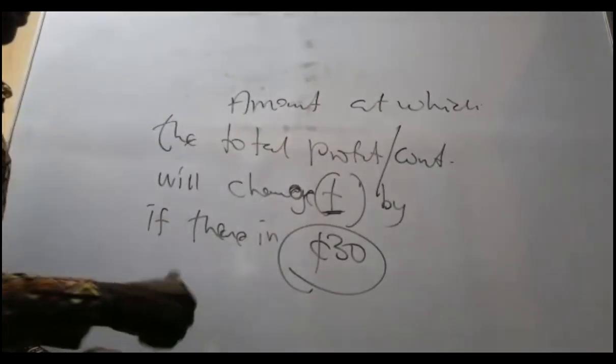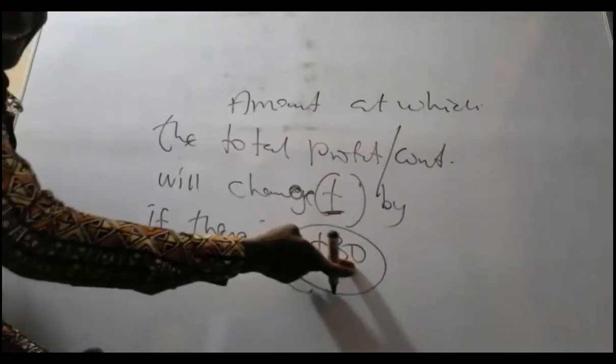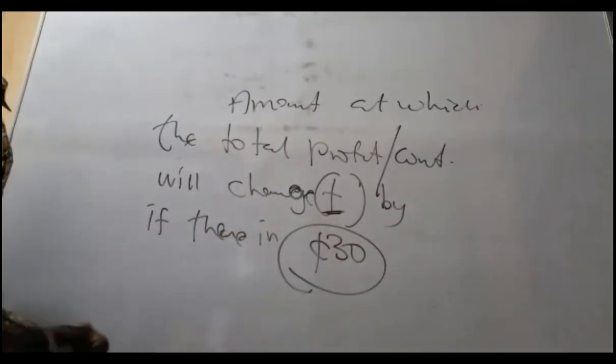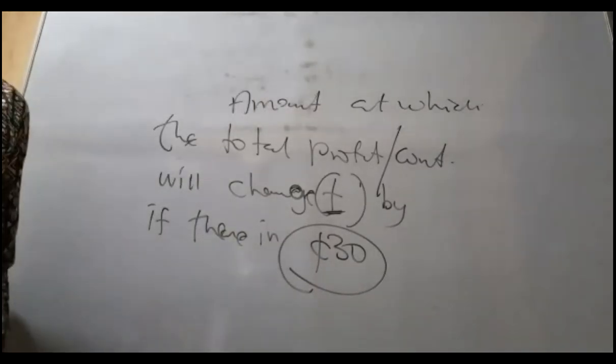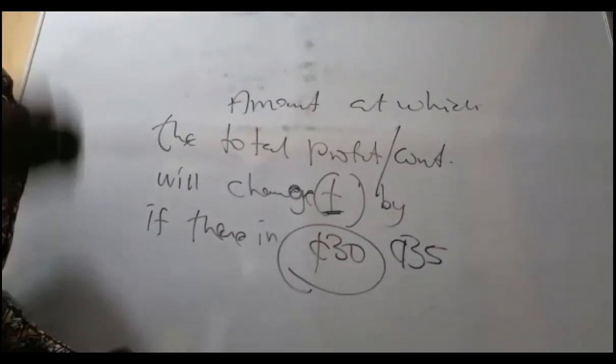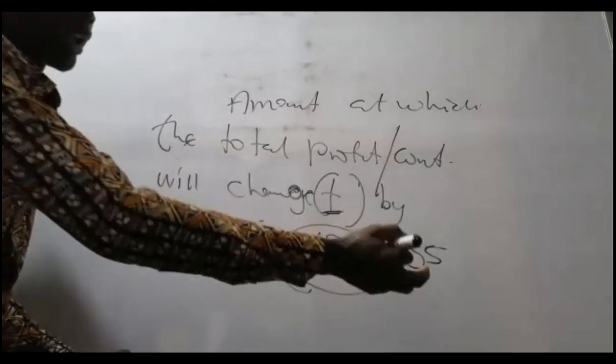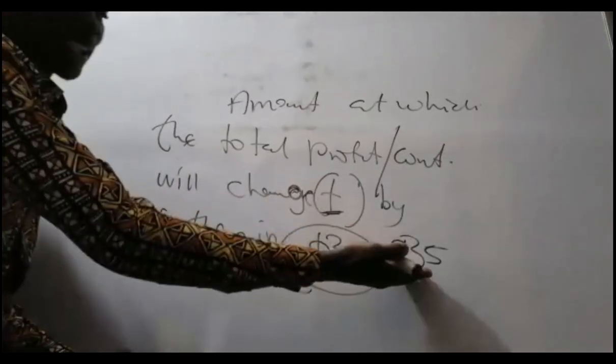That means every square meter of timber that I use, I'll earn a contribution of 30 Ghana cedis. So if I'm going to sell my timber outside, it will tell me how much I should sell it for. I'll sell it for 35. If somebody quotes 35, I'll sell. I won't produce, because if I use it to produce, I'll get a profit of 30, but if I sell, I'll get 35.